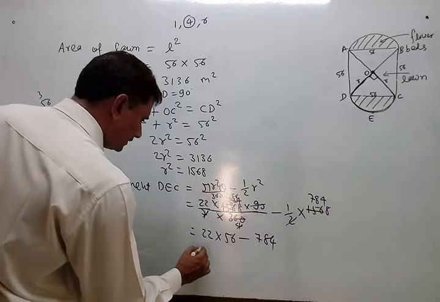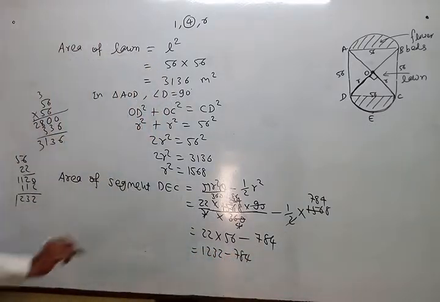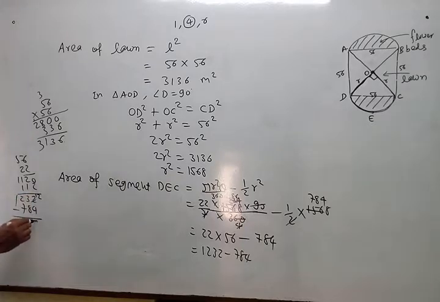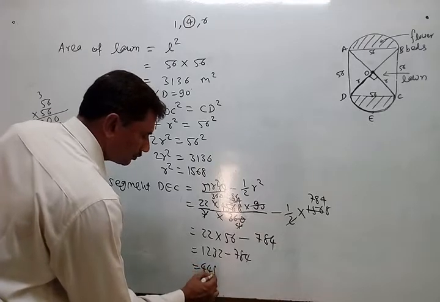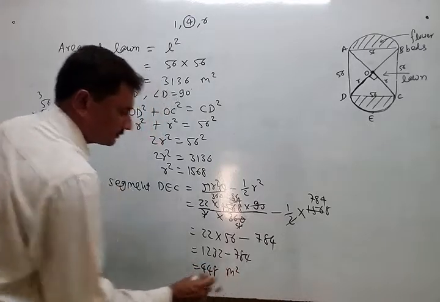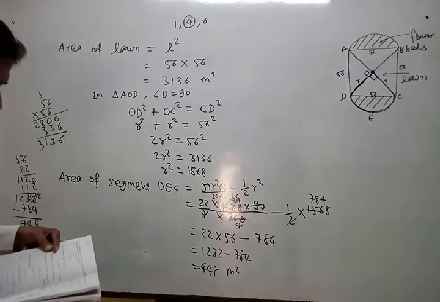So it is 1232 minus 784. So here 12 minus 8, 4. Here 12 minus 8, 4. 11 minus 7, 4. So 448. 448 meters square, because it is given in meter.